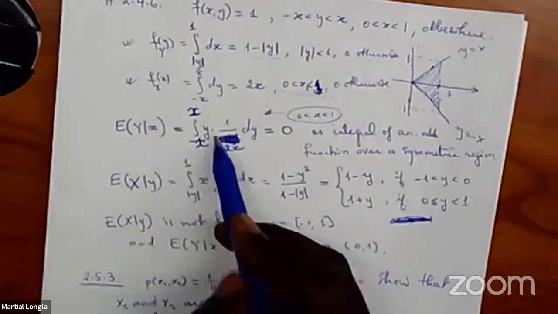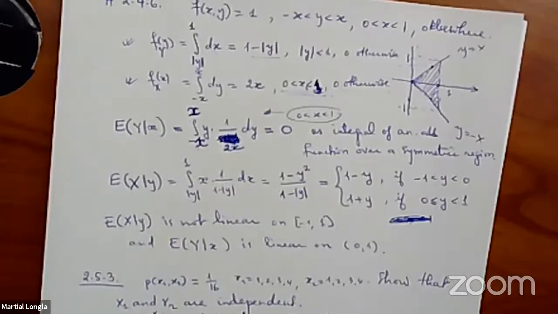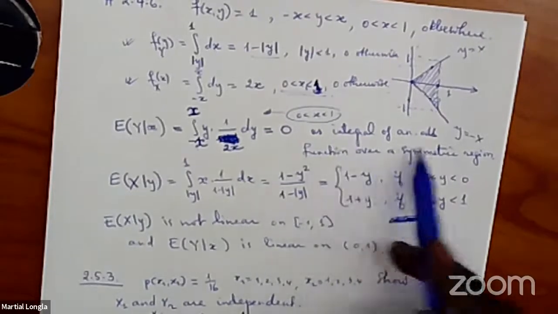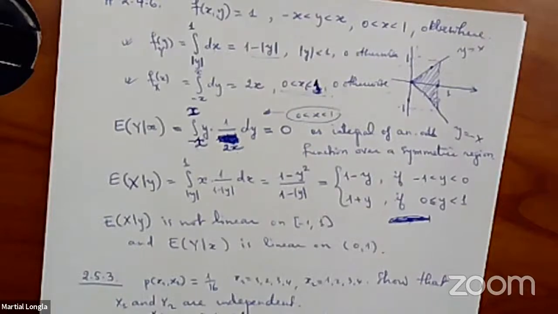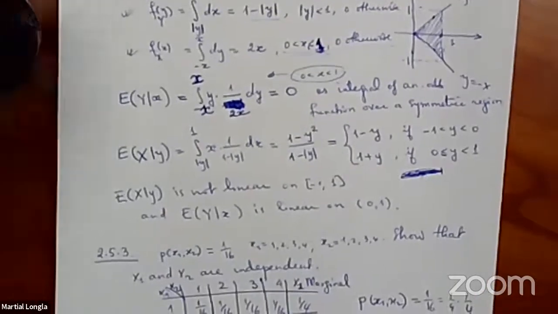But in this case, you can just integrate and plug in x. Sometimes you cannot even integrate, but you know it's 0. That's the reason why I wrote this, because sometimes I might give you a density that you cannot integrate, but knowing that, you can still say that the integral is 0.